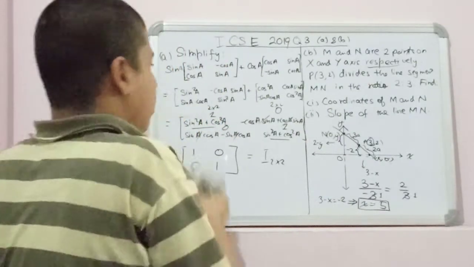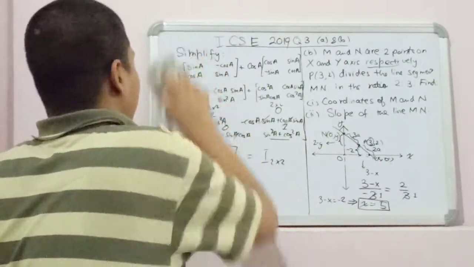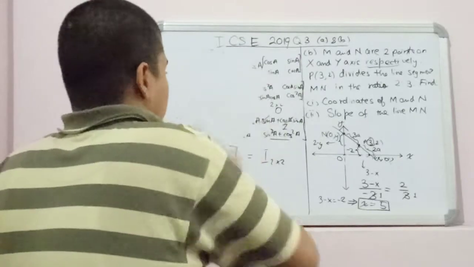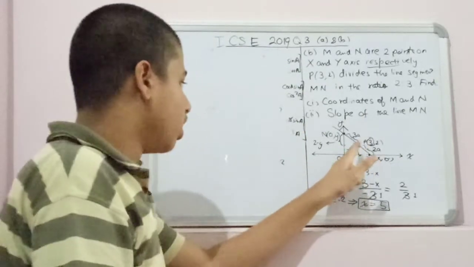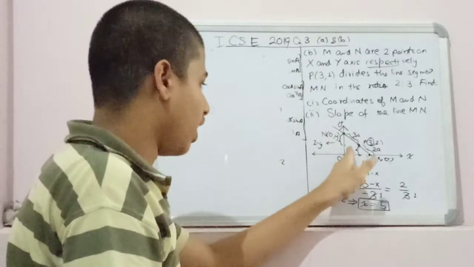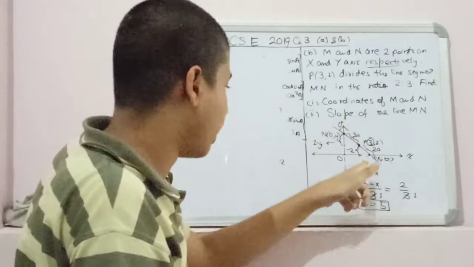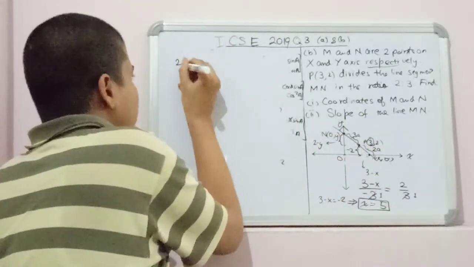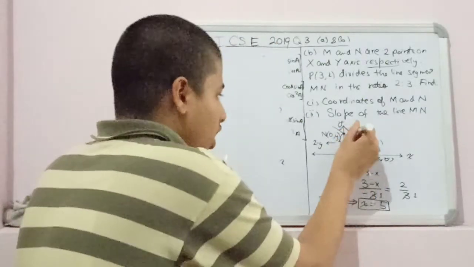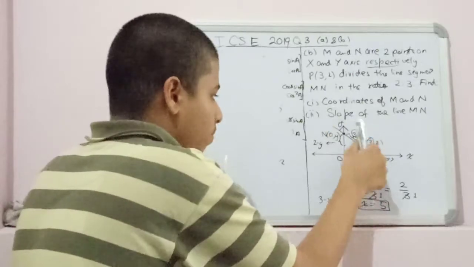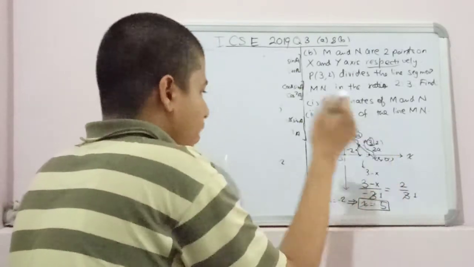Okay, very nice. Now the ratio of 2 minus y to -2, what is that equal to? By similarity, that would be equal to the ratio of NP to PM.